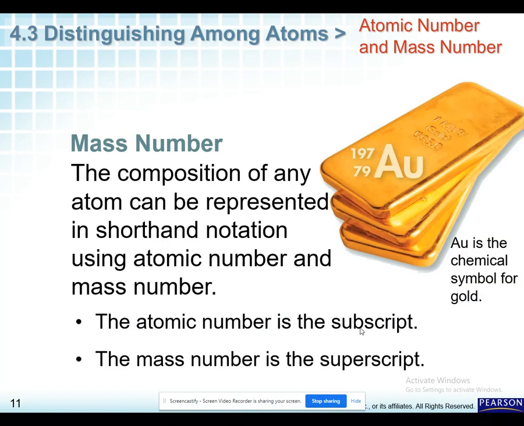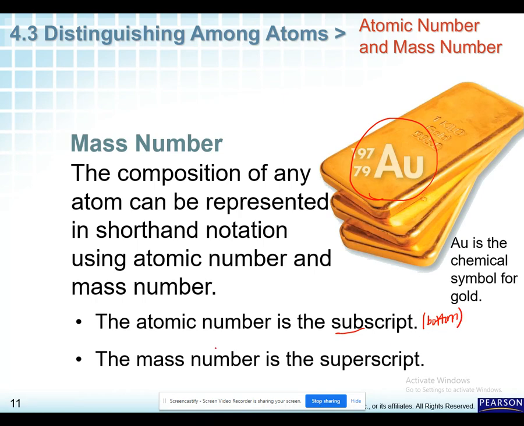Okay. So over here we have the composition of any atom, which can be represented in a shorthand notation using atomic number and mass number. So if you ever see an element written as such, the atomic number is going to be your subscript. Sub means below, so it's the one on the bottom. So we'll write that over here for you guys.